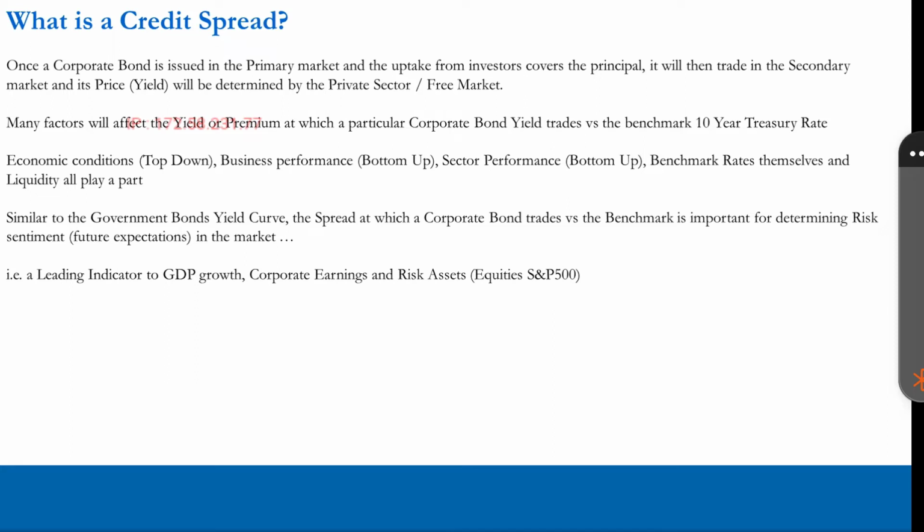So how they do it is, before the bond is even issued, the creditworthiness of the company has to be checked. And then the interest rate is priced relative to the 10-year Treasury, and that level will be evaluated and rated.